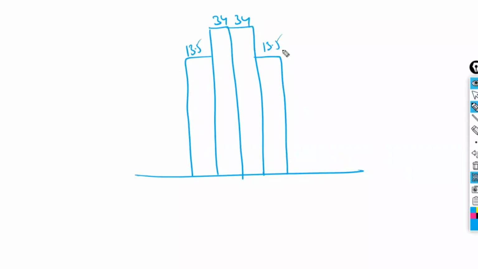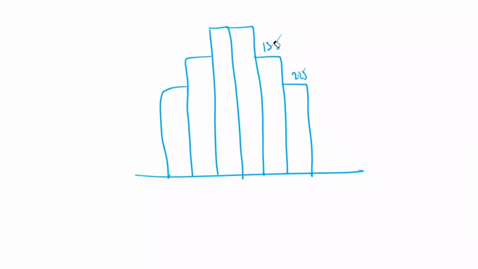So 68 plus 27, 95. So 95 plus this one, 2.25, 2.25. Assume we are having it like this. So 2.25 is nothing but probability. Okay, let me write it in a probability way.